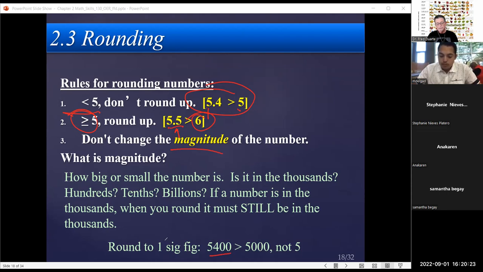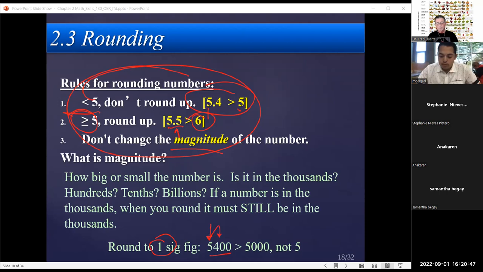The problem says to round it to 1 sig fig. Starting from the left, moving to the right, the 1 sig fig position is the 5. So it is the 5 that either is going to remain 5 or be pushed up to 6, and we determine that by the rounding rules we just talked about. We look at the neighbor.